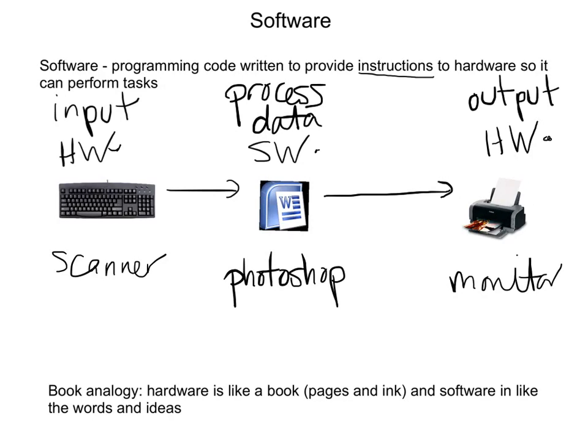So quick review. We use our input device to enter our data, and then we combine that with our software instructions, and then the CPU takes our data and our instructions, it processes the data, and then it gets output to an output device, which is hardware.